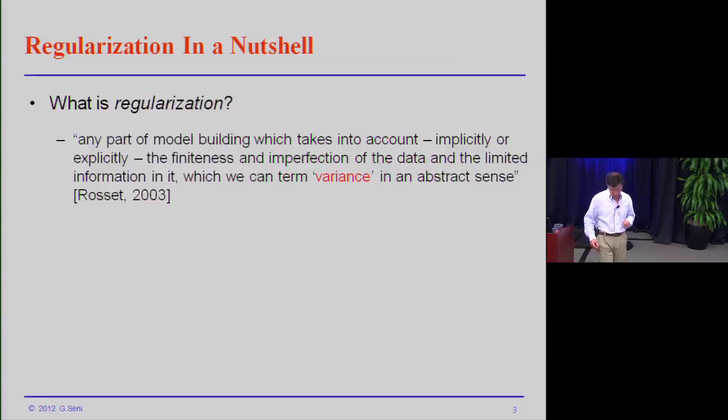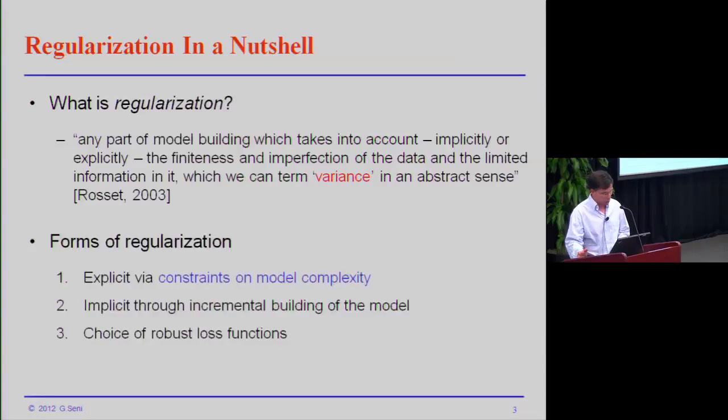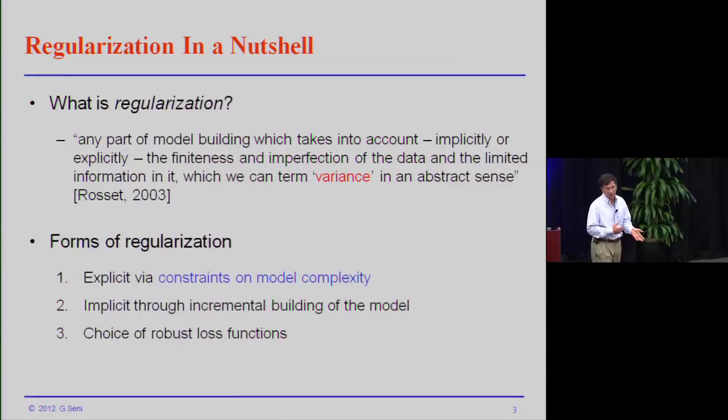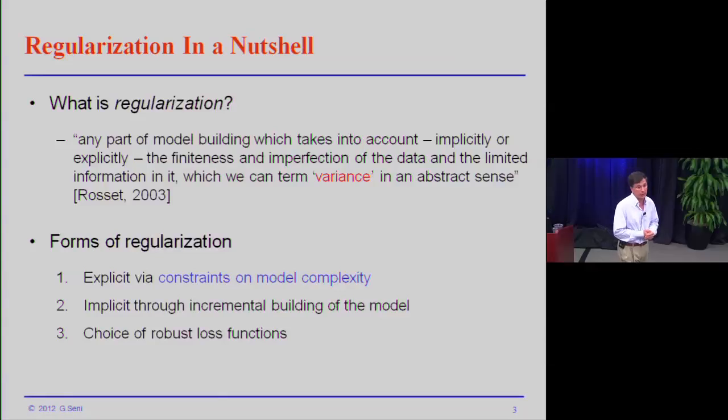So what is regularization? Regularization refers essentially to methods intended to control variance, which is the variability in the estimates of the parameters of our models. There are different ways of achieving regularization, such as explicitly via constraints on model complexity, and that's the kind of regularization that we're going to be talking about tonight.